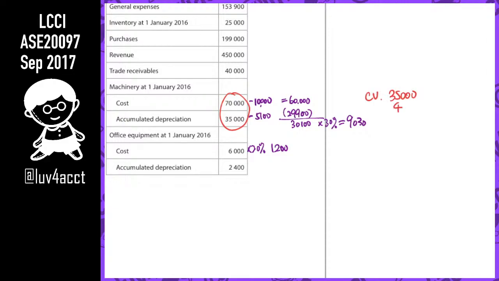The carrying value of the disposed asset is 4,900, so 35000 minus 4,900 is 30100, the same thing, 30%. So we have the same results. Using a different method, you come up with the same amount.